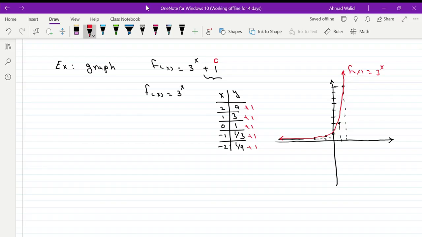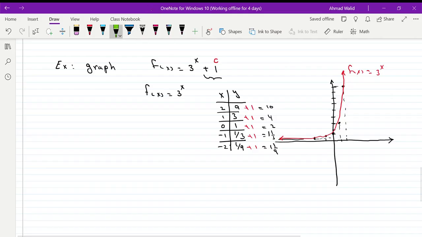It gives you your vertical shift. 9 plus 1 is 10. 3 plus 1 is 4. 1 plus 1 gives you 2. 1/3 plus 1 gives you 4/3, or 1 and 1/3, correct? And this one gives you 1 and 1/9. These are the new y's. Use the old x and the new y, and easily you can find the graph, correct?